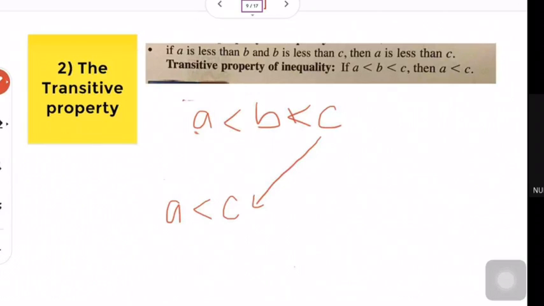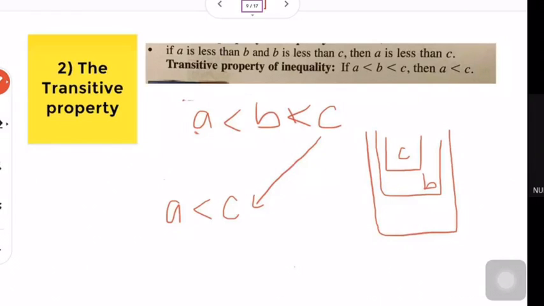Macam contohnya kita ada bekas. Ni bekas C. Dan kita ada satu bekas lagi. Bekas ni bekas B. Then you have another container, a bigger container. That container is C. It's like that. Okay, that's about transitive property.